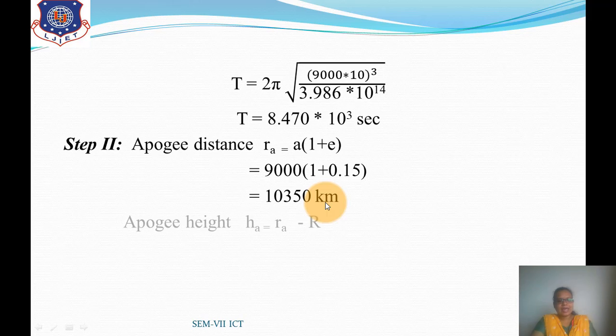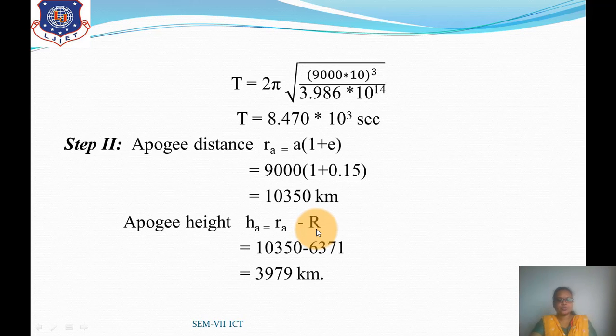Now for finding the apogee height, the formula is Ha equal to Ra minus R. Ra has the value 10350 minus R, which is 6371. Substituting, we get the apogee height equal to 3979 km.